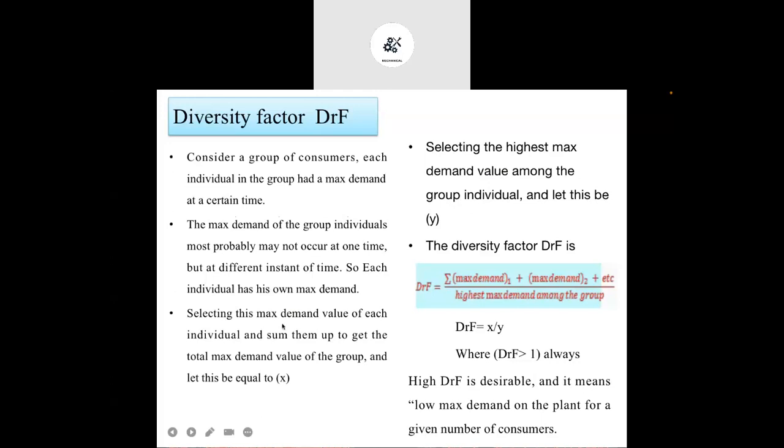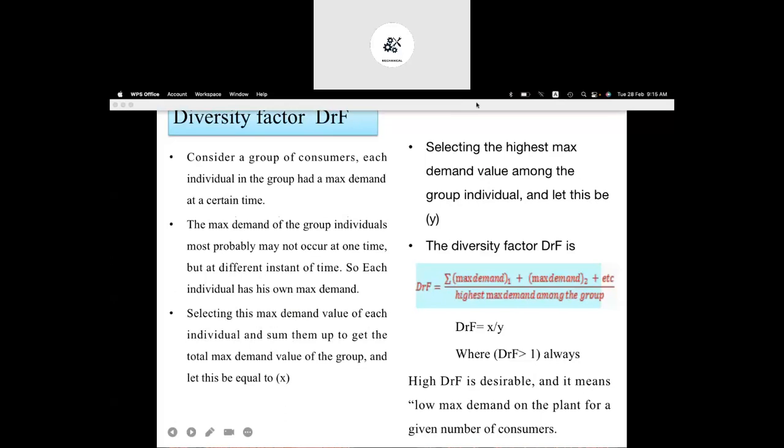Just consider there is one group of customers having different demands. First of all, we have to select the maximum demand value of each and every individual and take a sum of those maximum demands.